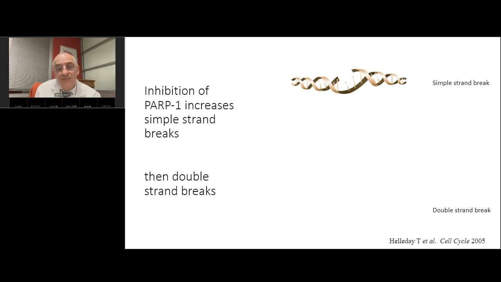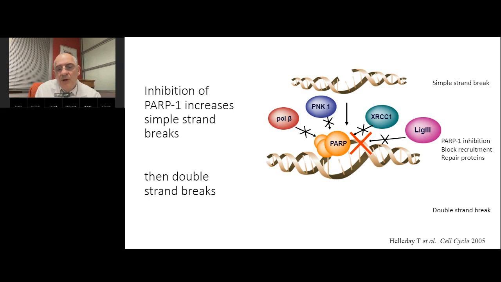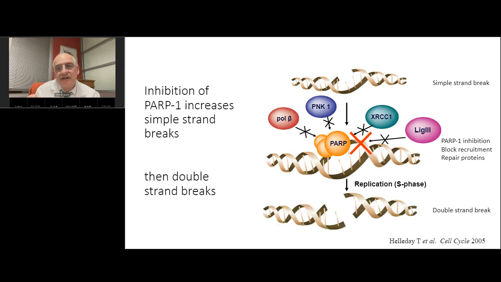Something very important from a therapeutic point of view is to remember that if you inhibit the repair of a single strand break, for instance with the PARP inhibitor, you will have at replication during the S phase, you will generate double strand breaks.